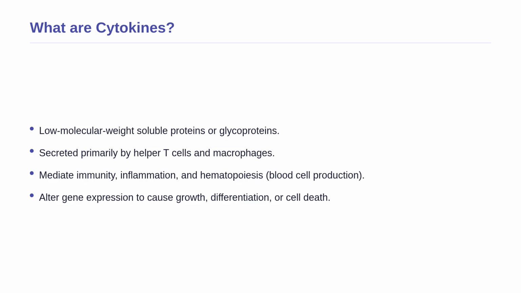Their main job is to mediate and regulate immunity, inflammation, and hematopoiesis, which is the production of new blood cells. When a cytokine reaches a target cell, it triggers a cascade of internal signals that alters the cell's gene expression, instructing it to grow, differentiate, or even undergo programmed cell death.